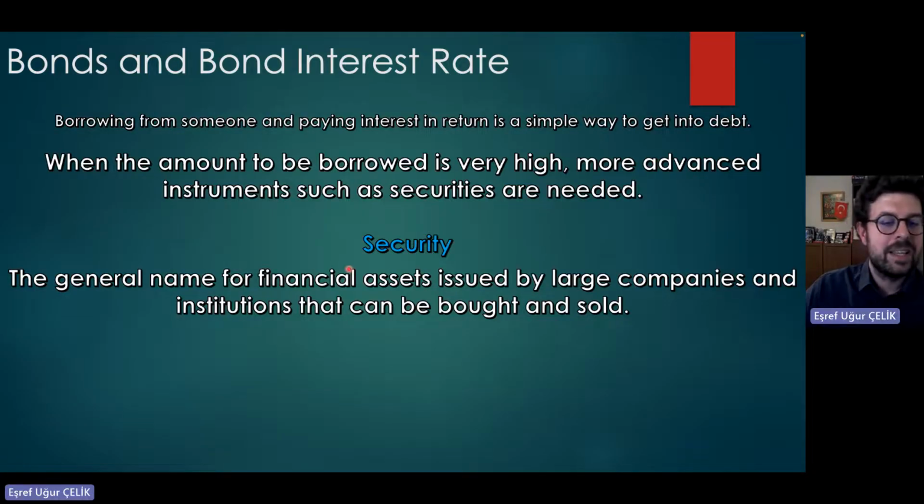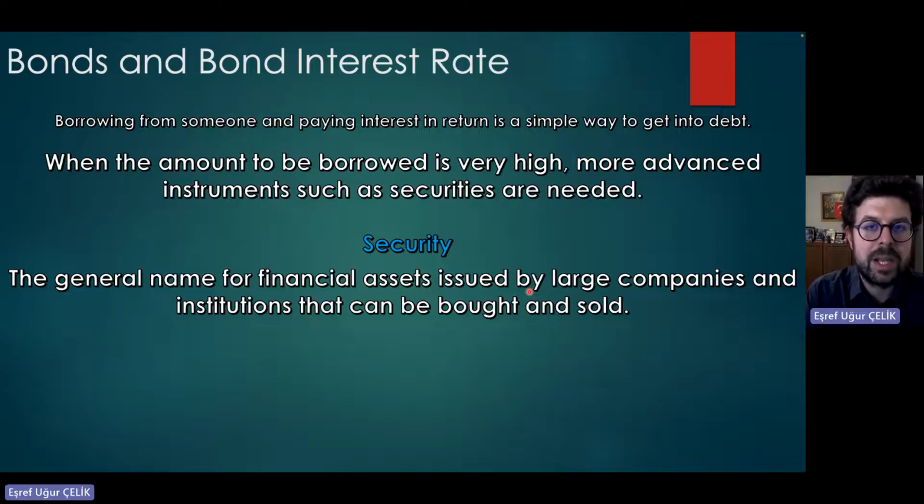Okay, let's look at the definition of security. The general name of financial assets issued by large companies and institutions that can be bought and sold. I will say it again because I'm a little confused by that noise.